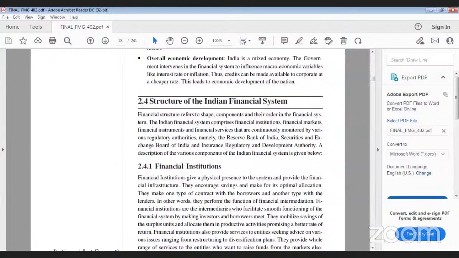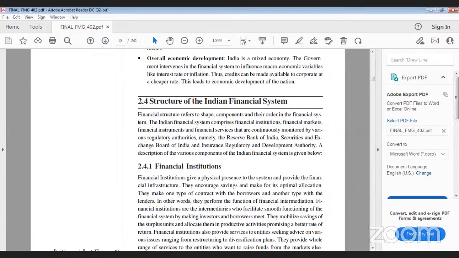The various components of the Indian financial system are explained as follows.